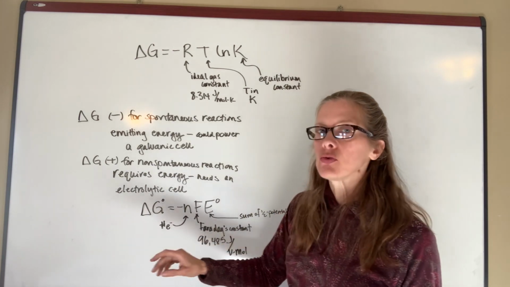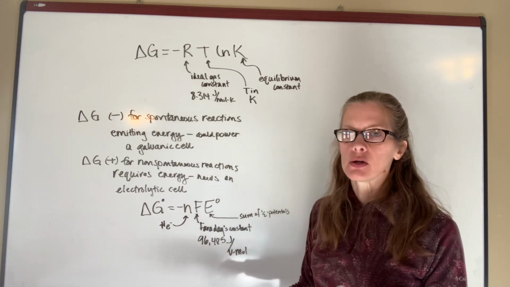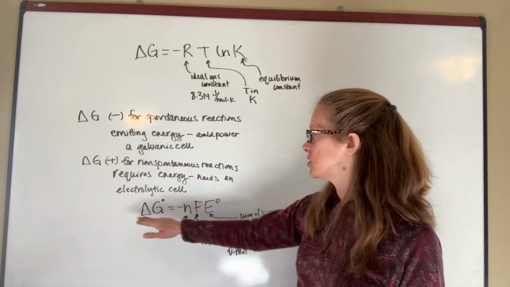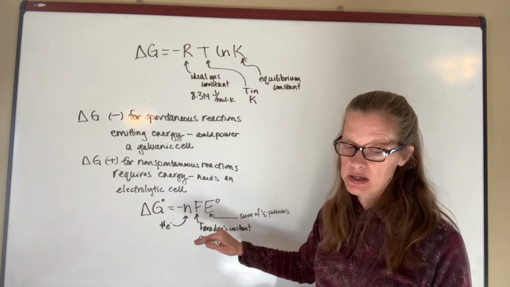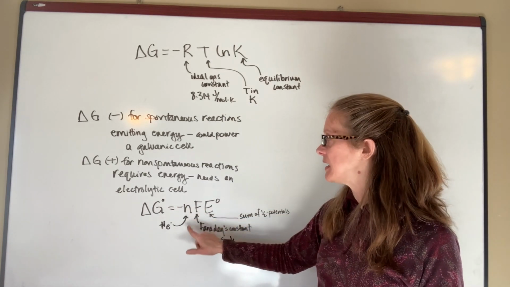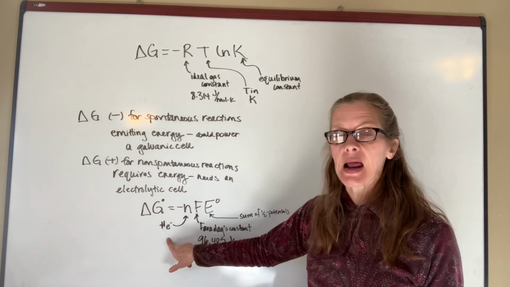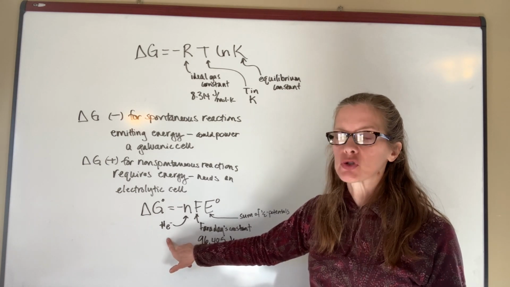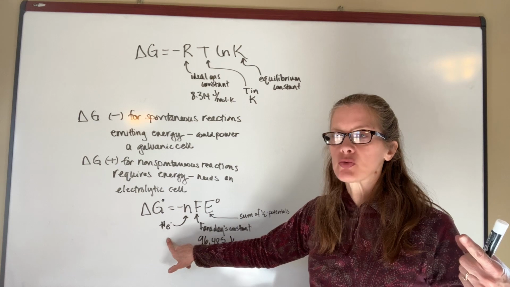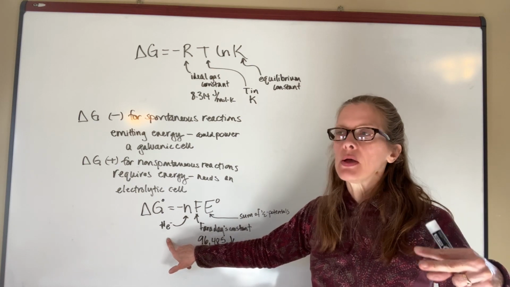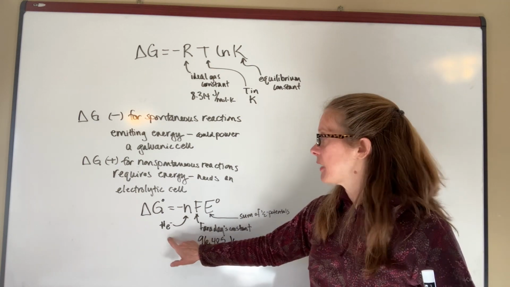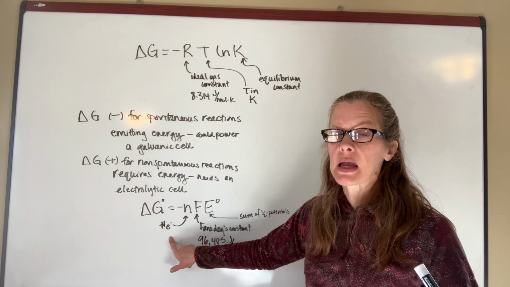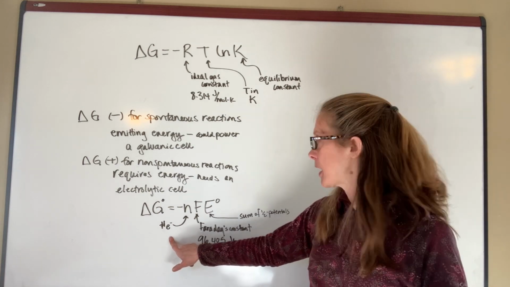I can relate delta G to redox reactions with this equation. Again, you've already seen this in your reading, but n is the number of electrons, and it has to be balanced. So if you had 3 electrons in one half reaction and 2 in the other, then you would have to use 6 so that you're gaining and losing the same amount.